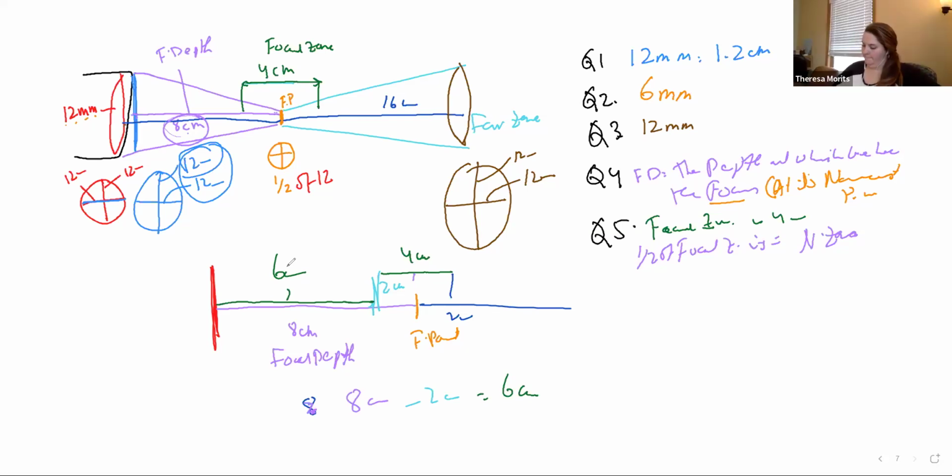So the depth at which the focal zone begins is based on half of the focal zone being in the near zone.